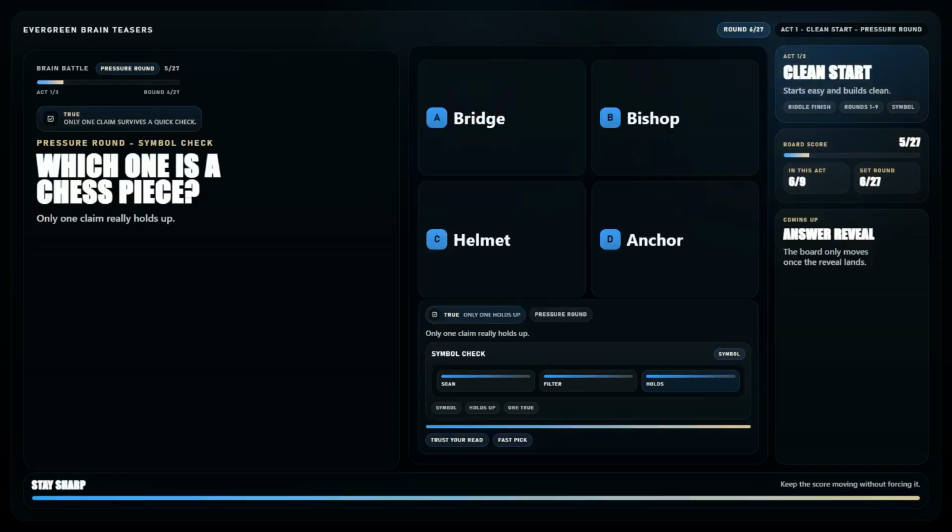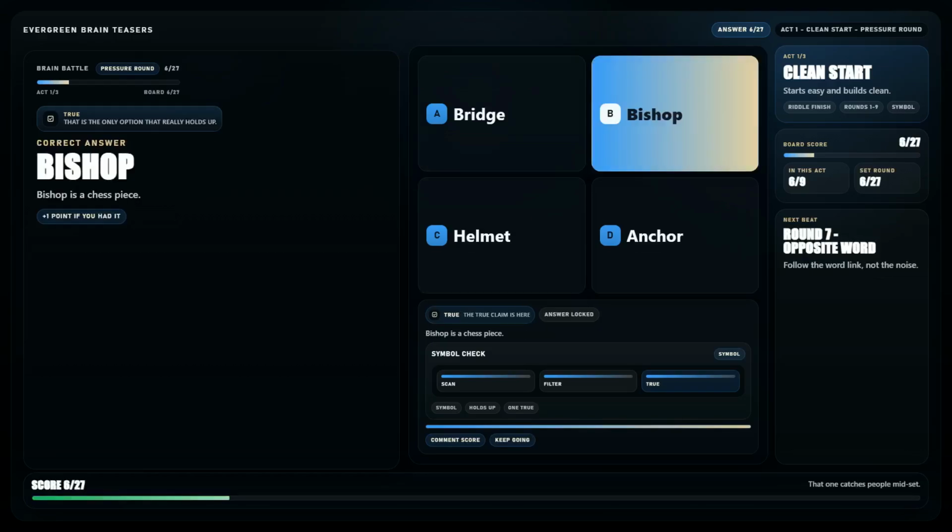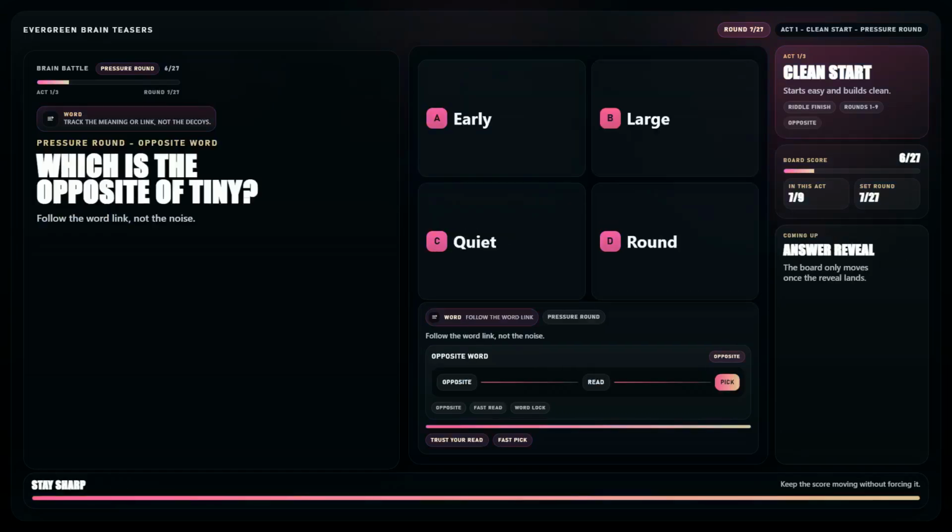Fact switch. Which one is a chess piece? Bishop. Word switch. Which is the opposite of tiny?